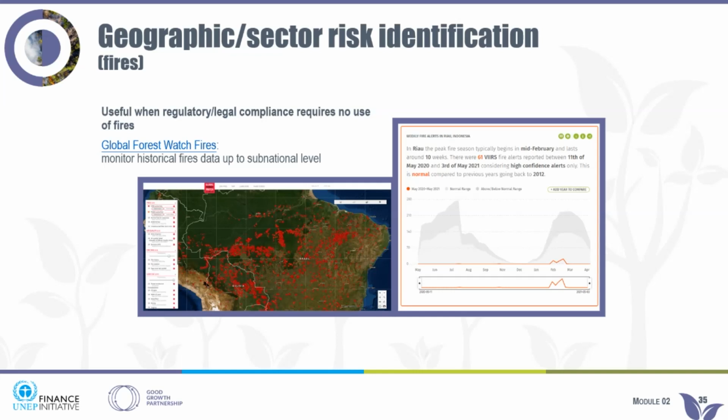Fire hotspots are a potential risk from a legal perspective, as in many countries, a lot of those fires are known to be illegally started. So the Global Forest Watch fires tool can help you monitor historical data at a subnational and national level. Next slide, please.